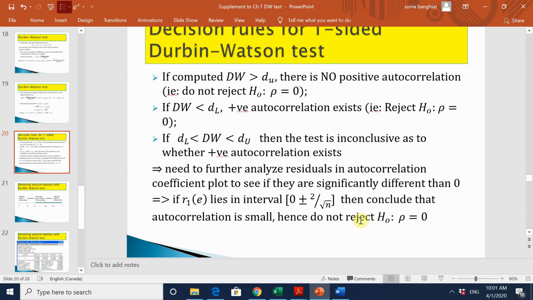And hence, we do not reject the null hypothesis, and we say that there is no positive autocorrelation, or no autocorrelation, period.